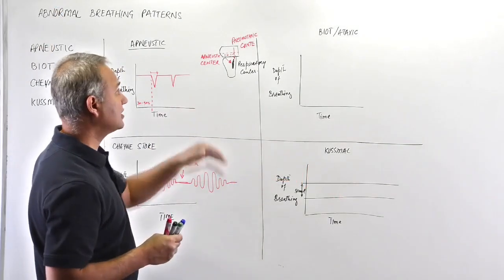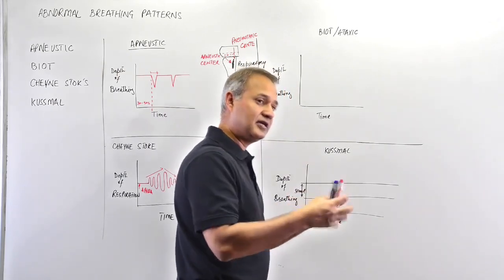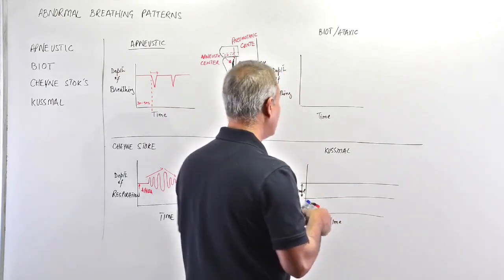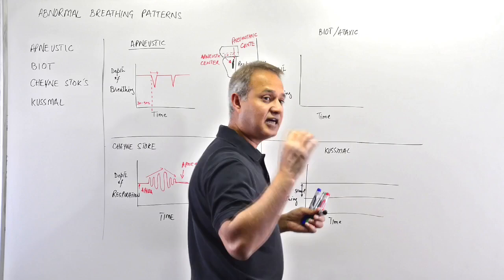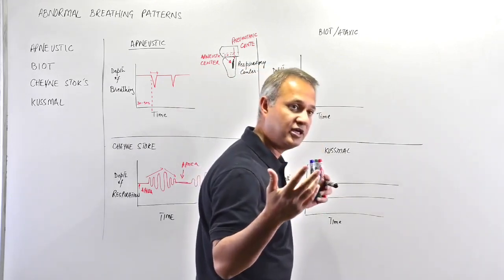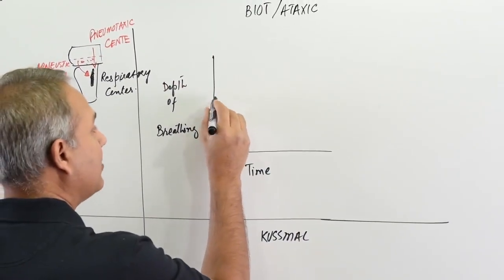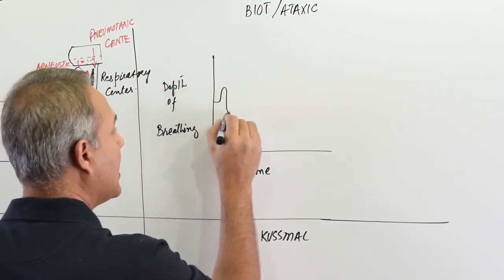Now let's look at Biot ataxic breathing. As B and A go together, remember it that way. Here the tidal volume is normal. If the person has a 500 milliliter tidal volume, that is what it is. But there are irregular patterns of apnea.